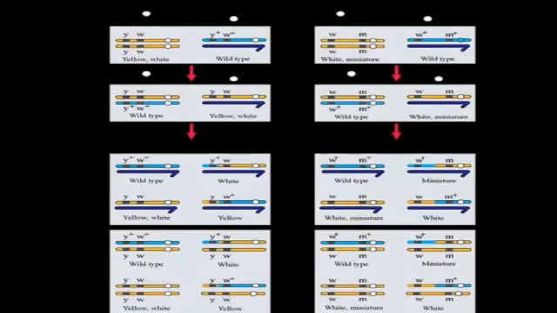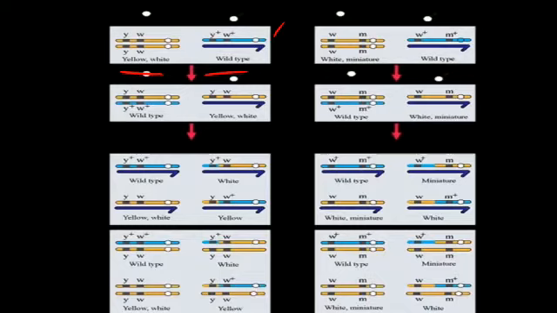Here you can see 2 different crosses were made, which Morgan did on Drosophila melanogaster. First focus on cross 1 or cross A. He started with the parental combination, yellow-white and wild type.